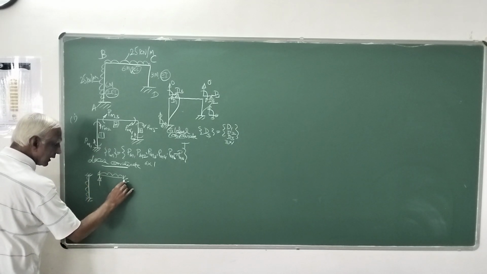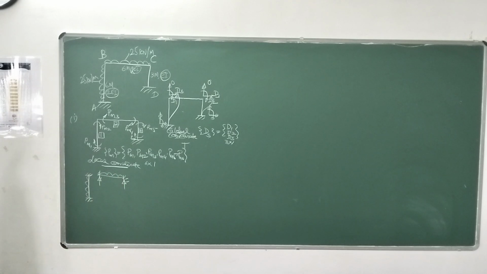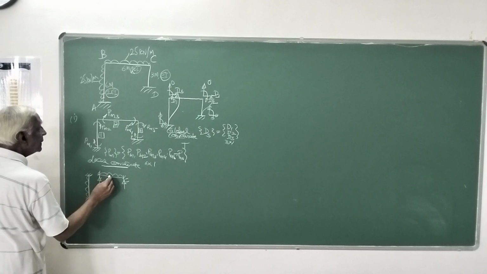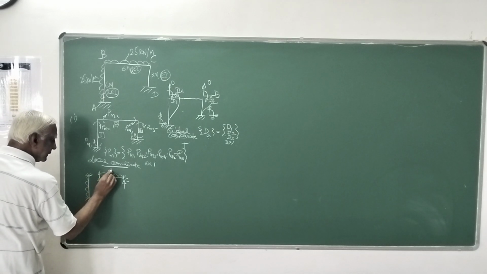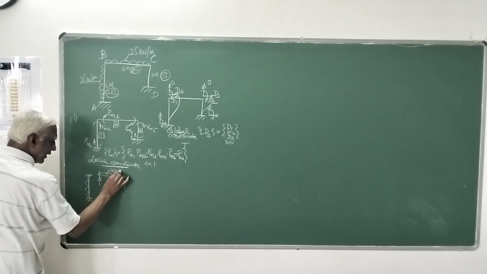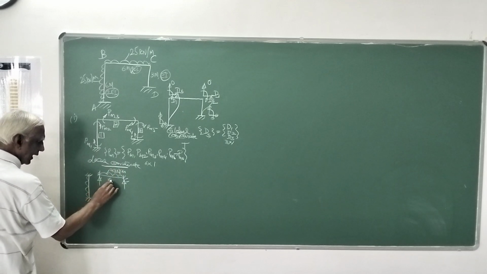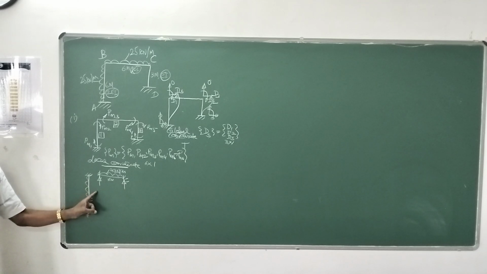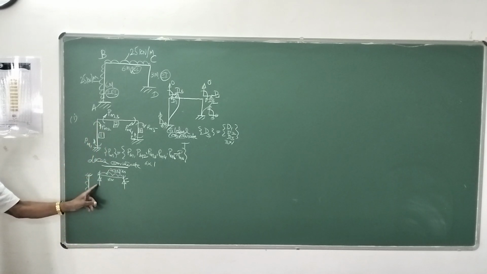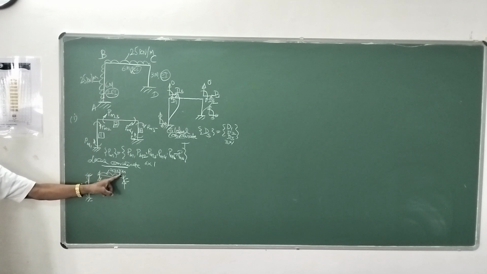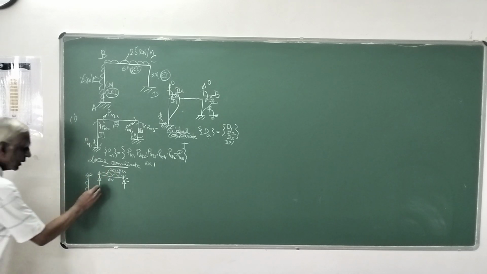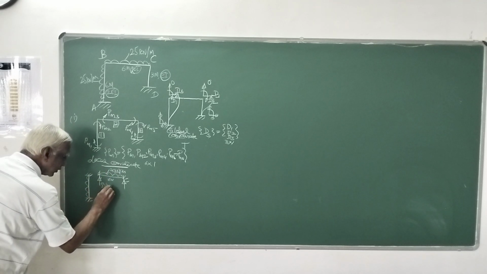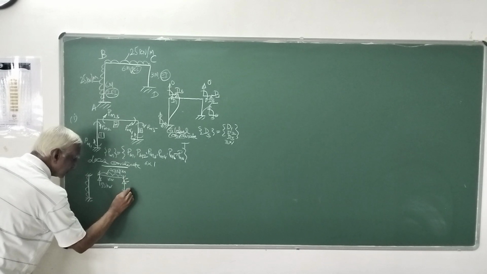This of course, from your undergraduate level, you have already determined in fixed beam analysis. So this beam BC is subjected to a load of 25 kilonewton per meter and span is 6 meters. Therefore, the reactions here, since it is symmetric, is total load divided by 2. That is 25 into 6, 150 by 2, that is 75 kilonewtons, 75 kilonewtons.